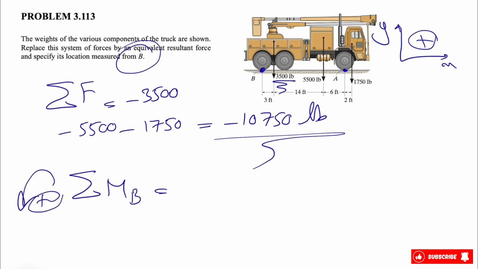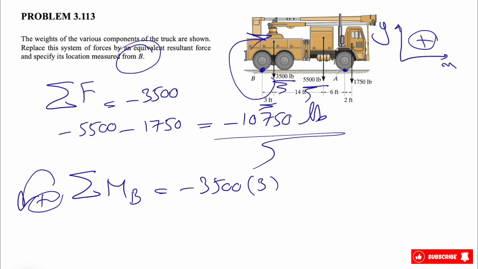Let's go with the moment about point B. We can start from the 3,500 force first, and we see that the moment is going to be clockwise. So we have a negative moment, 3,500, and the distance will be what we have here, 3. By the way, we're using the 2D shortcut for finding the moment in 2D. I'm going to put the link for that video in the description below. Feel free to check it out. Let's move on to the second force.